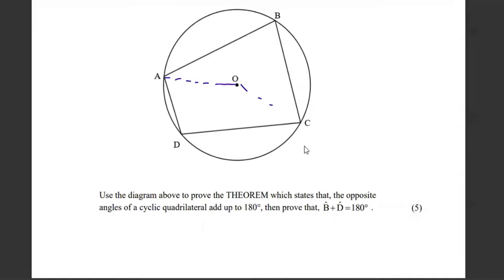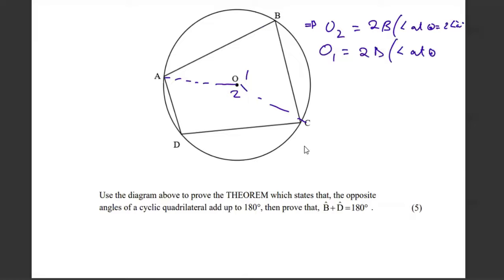Okay, do the construction. Call this O1, call that O2. And then come down and tell us that O2 is going to be twice B. Angle at the center must be twice angle at the circumference. And then O1 is going to be twice D. Same story.